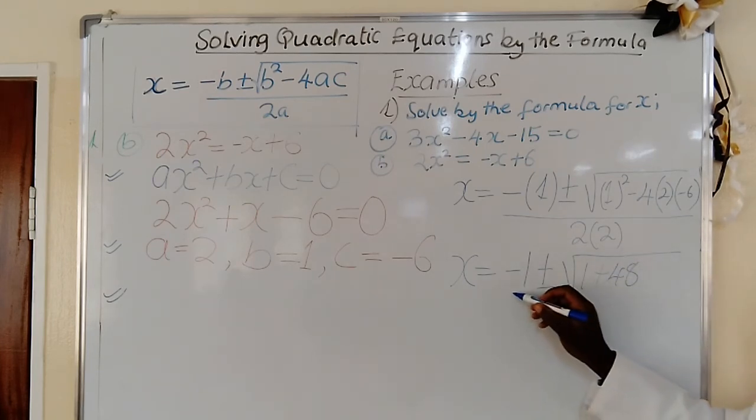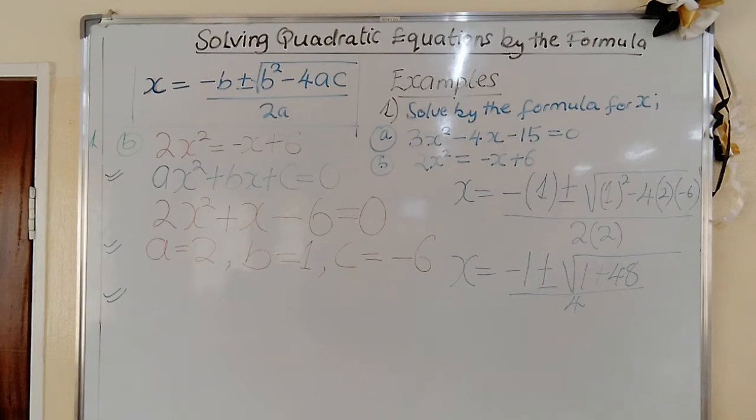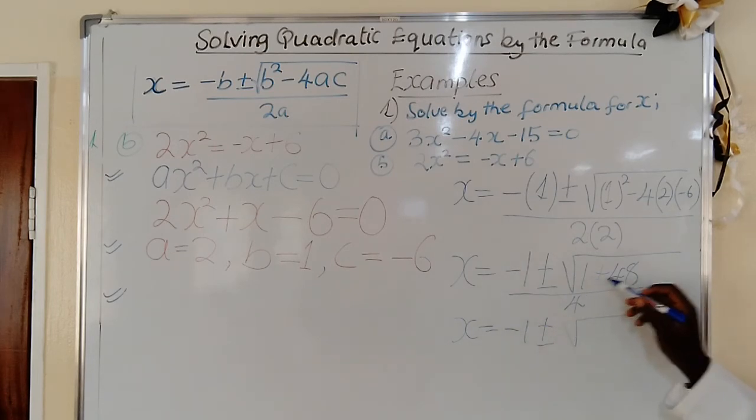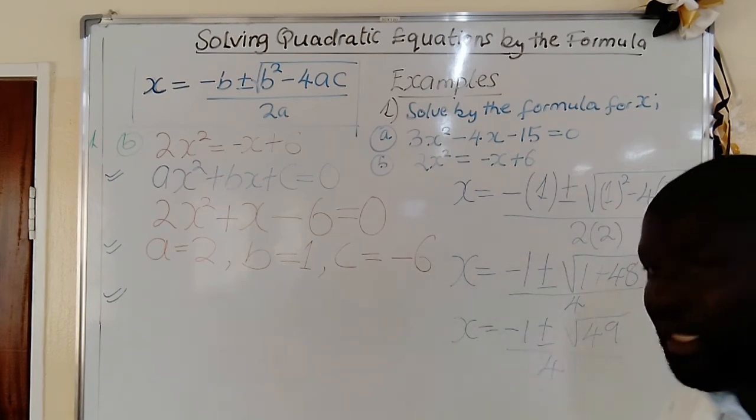Everything over 2 times 2, which is giving us 4. So now we say x is equal to negative 1 plus or minus the root of 1 plus 48, which is 49, everything over 4. We are going to continue from that side.